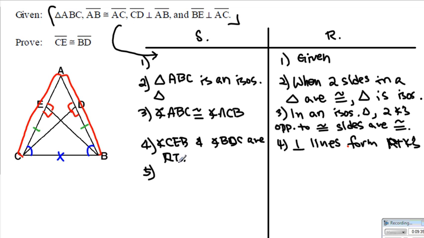Number five, then we can say angle CEB must be congruent to angle BDC. The reasoning here becomes all right angles are congruent.